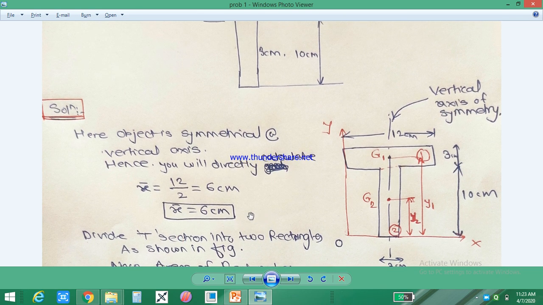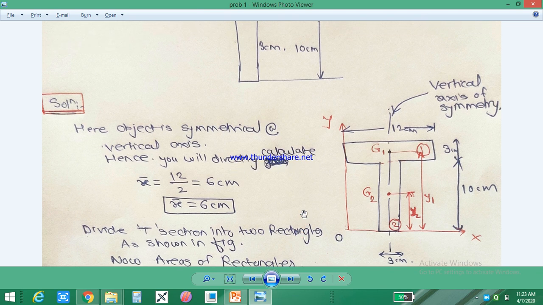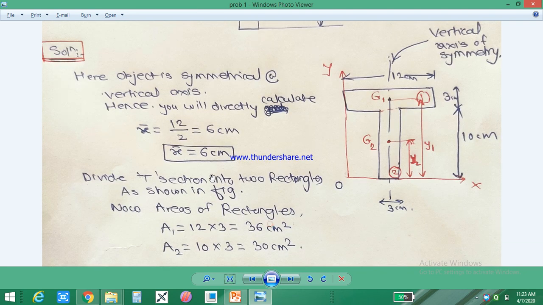So we have to follow the procedure for y bar only, that is, calculate y1 and y2. In the diagram you can see this T section is divided into two rectangles, the first one over here and the second one over here.